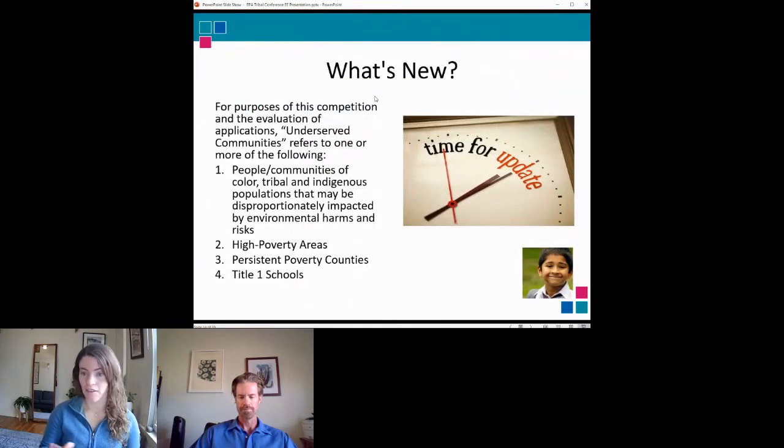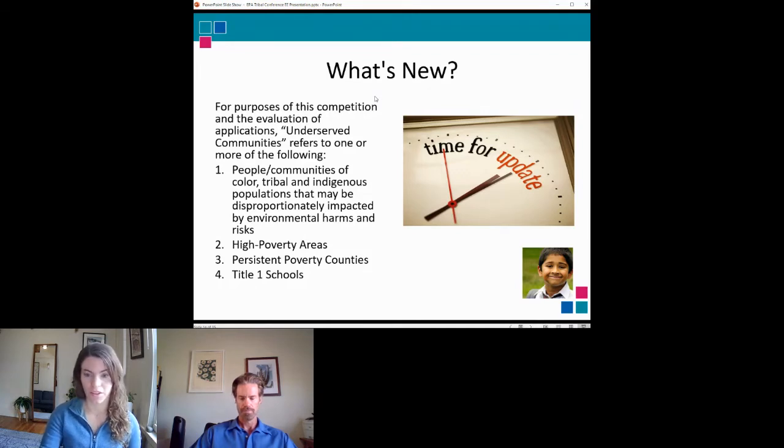So again, we have our grant that is open currently. It just opened earlier in October, and there's a few new components to it. One being that there's a greater focus on serving underserved communities. And this includes communities of color and tribal and indigenous populations.